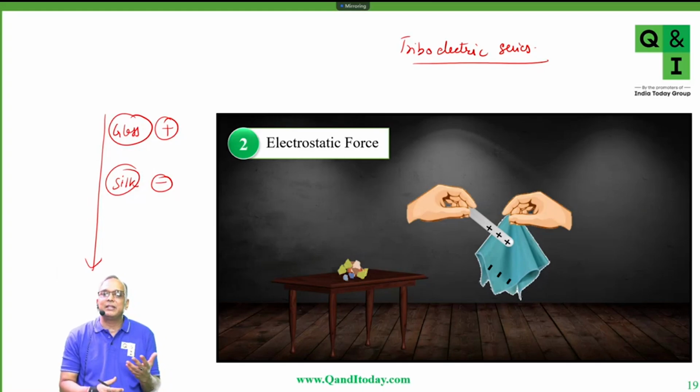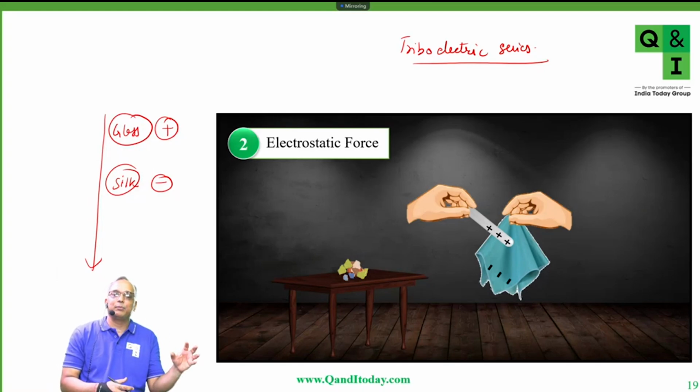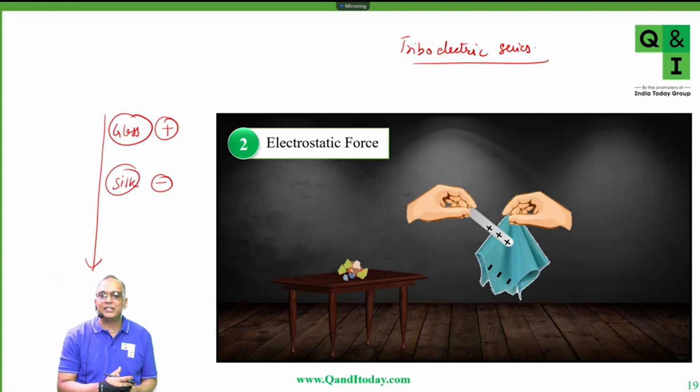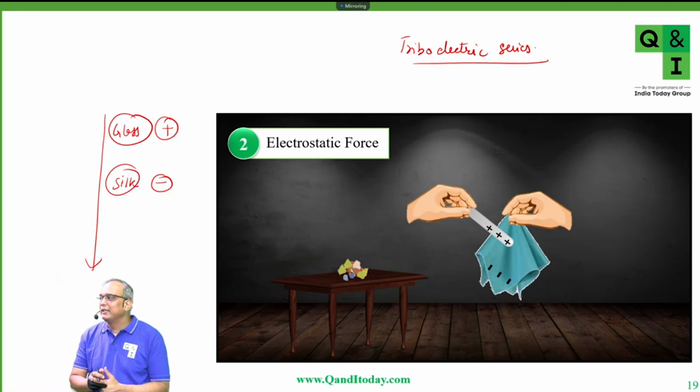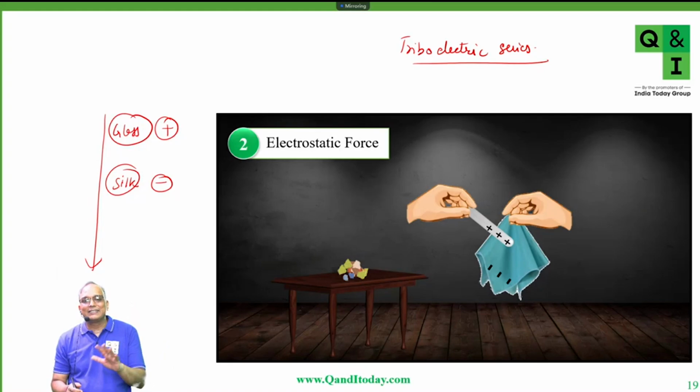Is it clear? So in the case of glass and silk, you need to remember that glass becomes positively charged and silk becomes negatively charged, and it comes from this triboelectric series. Is it clear, students?